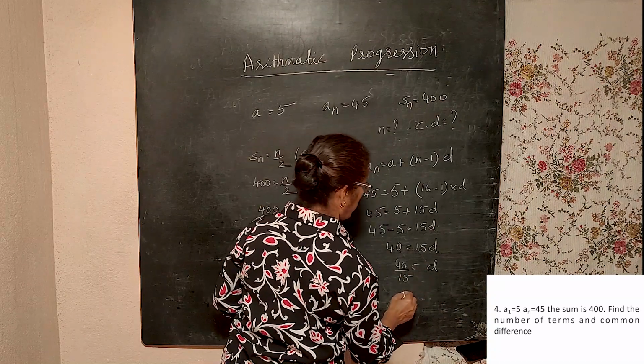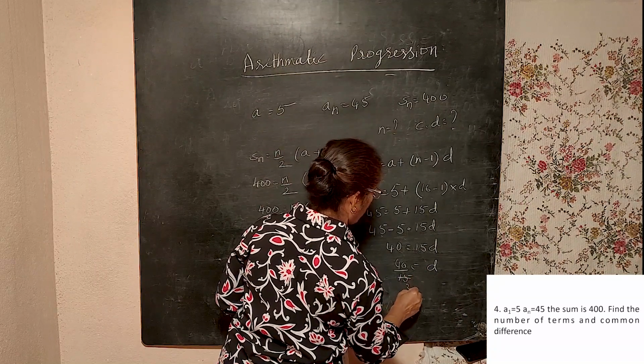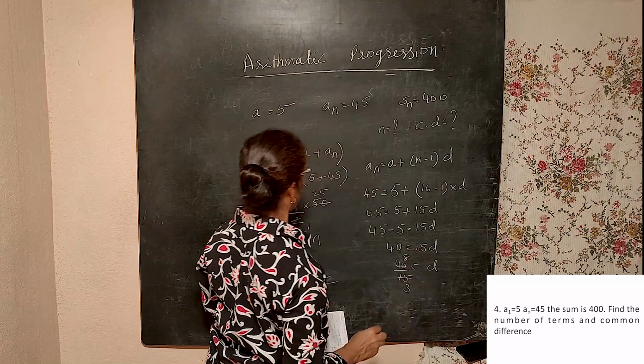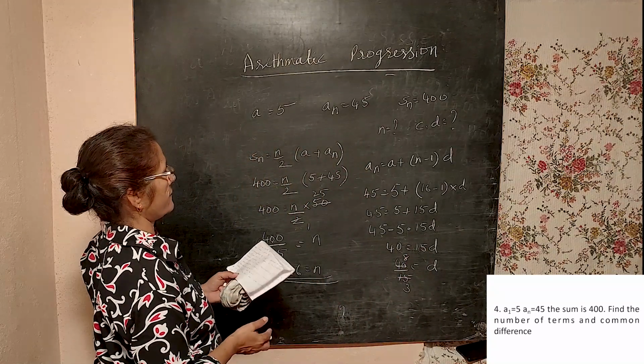I can simplify: 5 3s are 15, 5 8s are 40. d = 8/3.